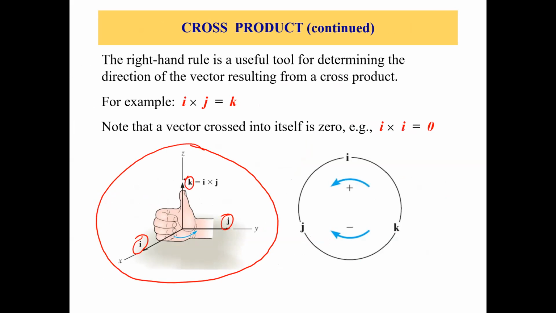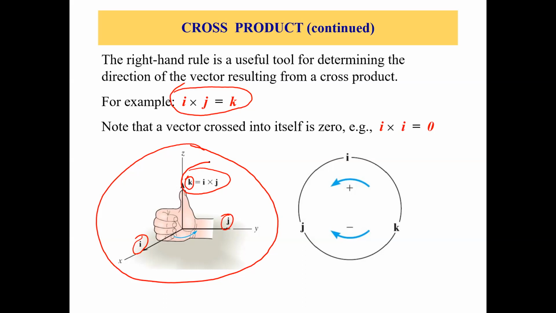Now, if you again use your right-hand rule, curl your fingers from I towards J. If you take the cross product of I and J, I cross J, you get K, because K is perpendicular to I and J, and there's no magnitude because they are unit vectors. It just gives us the directions. So K equals I cross J. You are curling your fingers from I towards J, and your thumb will point in the direction of the z-axis, which is your K direction.